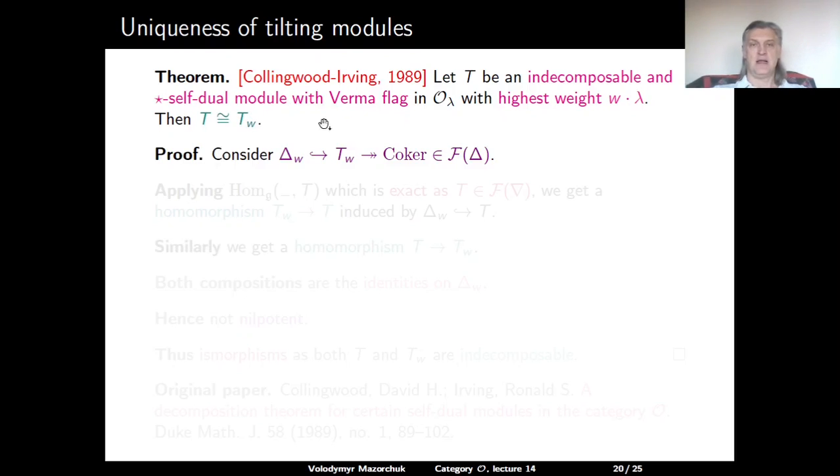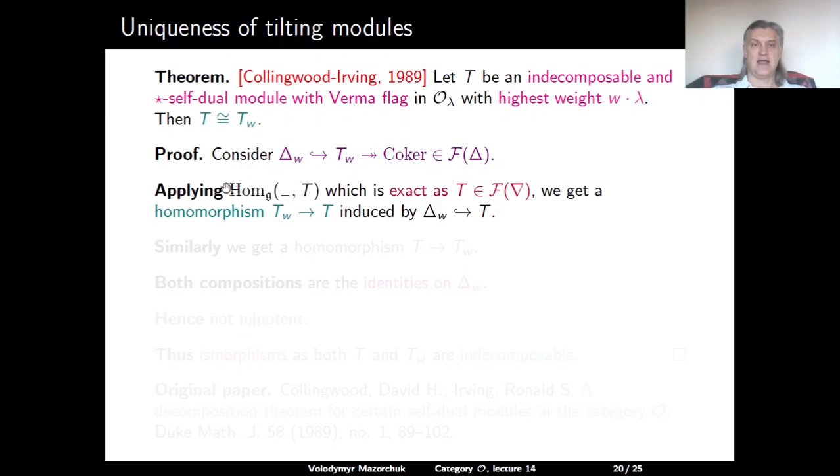Proof. Let us consider the short exact sequence, delta W is a submodule of T(W), and then we have the cokernel which has a delta filtration. Applying hom(-, T) to this short exact sequence and noticing that T has a nabla filtration, we get a short exact sequence because this functor is exact on modules with the delta flag.